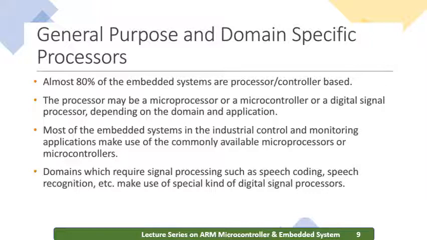The processor may be a microprocessor, a microcontroller or a signal processor, depending upon the domain and the application. Most embedded systems in industrial control and monitoring applications make use of available microprocessors. The domains which require signal processing, such as speech coding and speech recognition, use special signal processors.